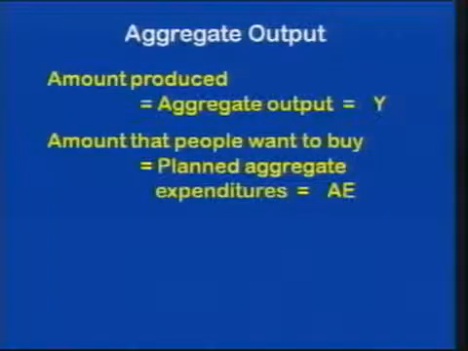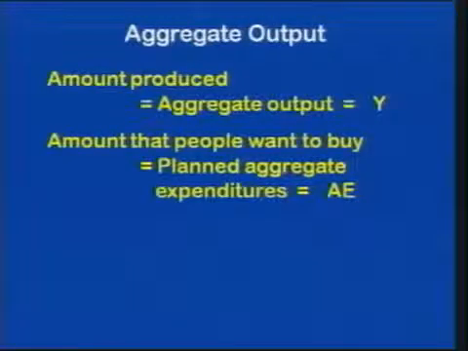So I'm going to state the equilibrium concept that, in a sense, has to apply. We produce a certain amount of goods, that's called Y, and the amount that we in our economy want to buy of the goods that we produce is called planned aggregate expenditures, AE.